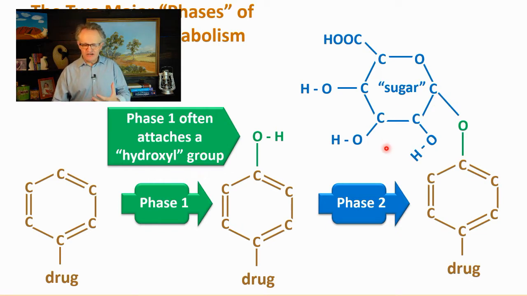So conjugative enzymes very commonly attach glucuronic acid, a 6-membered sugar ring, not too different from glucose in terms of its chemical structure. They commonly conjugate those or stick them onto a drug molecule. And the resulting product, this so-called glucuronide drug metabolite, is often very, very water soluble indeed. And so these metabolites are very quickly removed from the body by the kidneys.